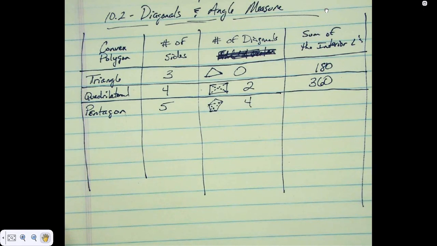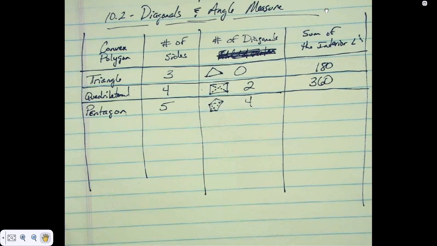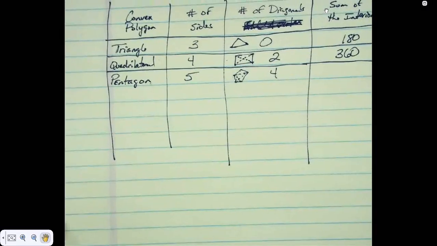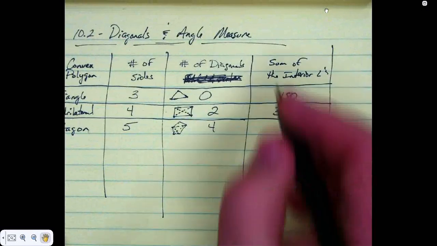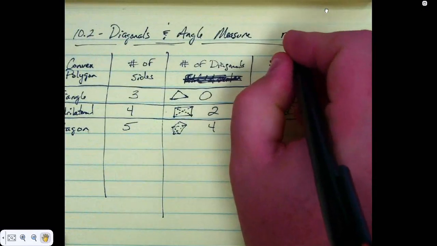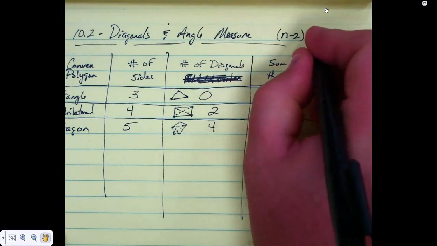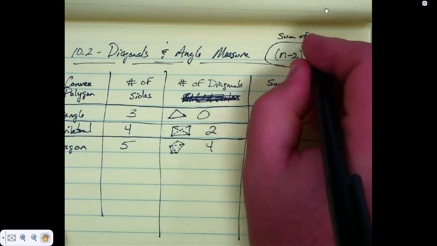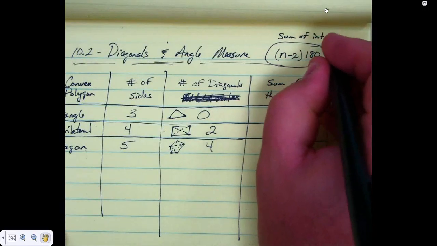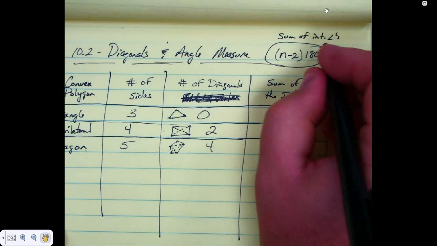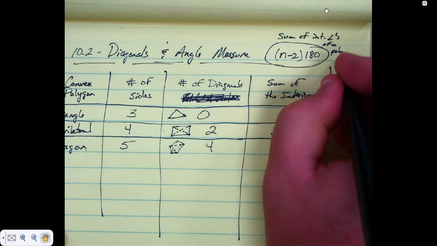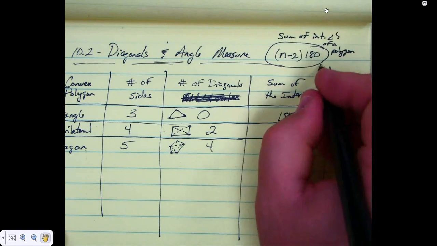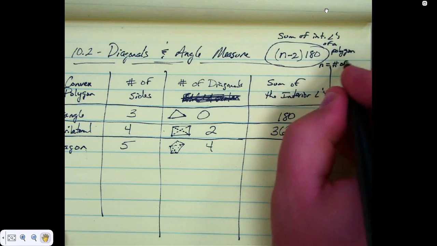Now, however, do you know this one off the top of your head? There's a formula. n is equal to the number of sides.